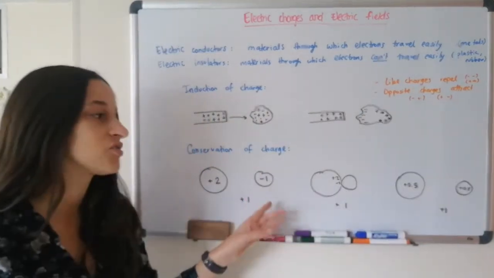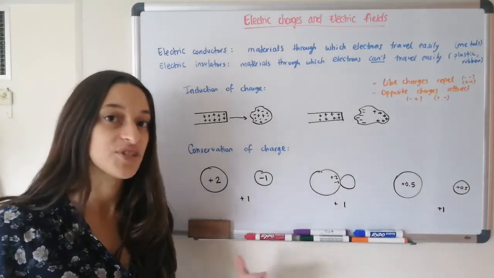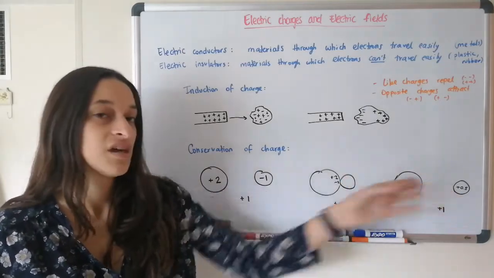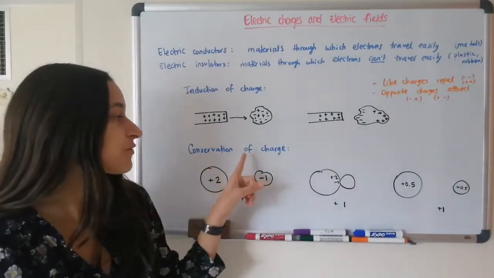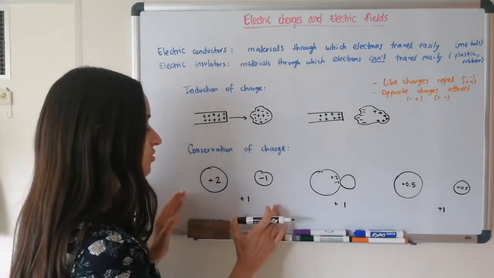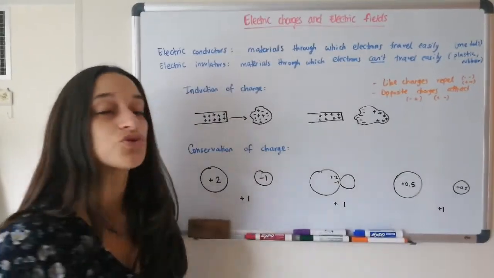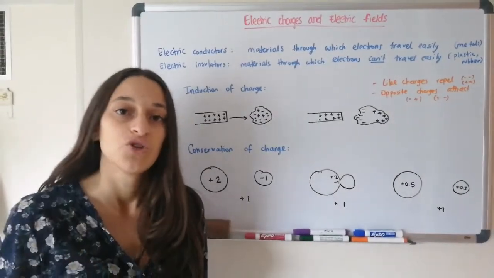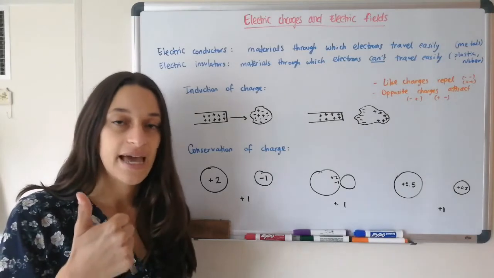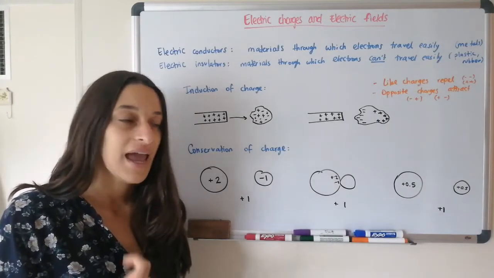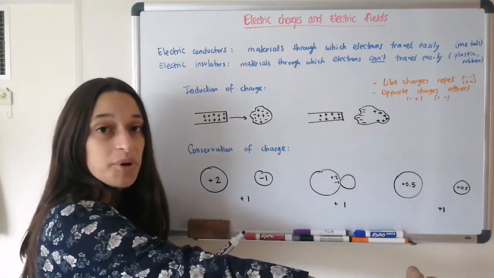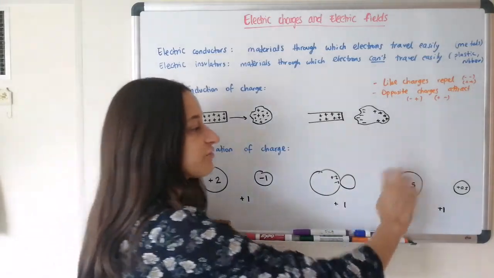So even though there is no longer a negatively charged object and a positively charged object, but two positively charged objects, they do follow the law of conservation of charge, because the total charge at the beginning was plus 1, and the total charge at the end is plus 1. So for this, you need to remember two things: that the total charge always has to add up to the same thing, and that if you put together and then draw apart two objects, the charge will divide half and half.